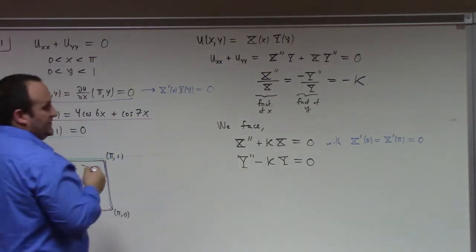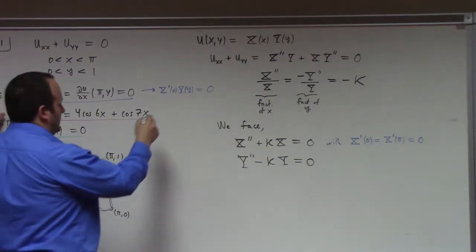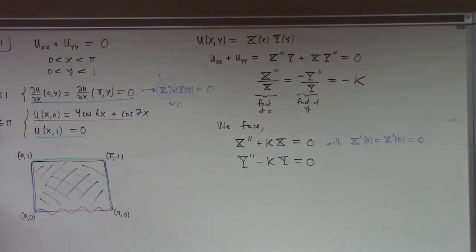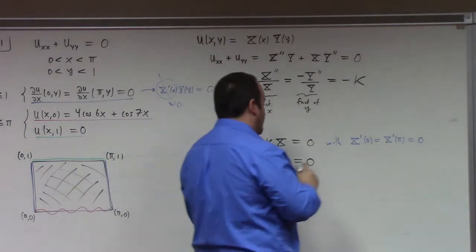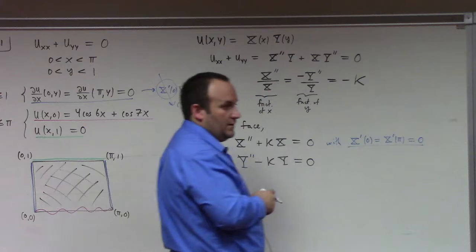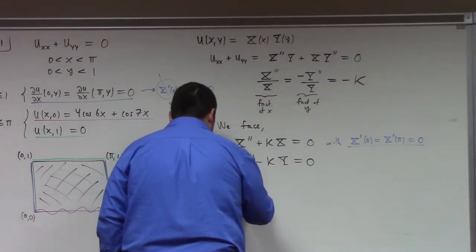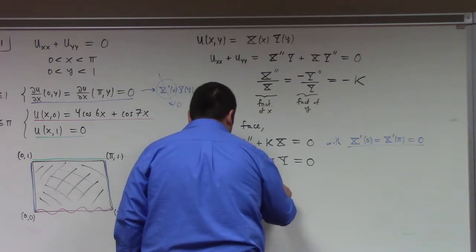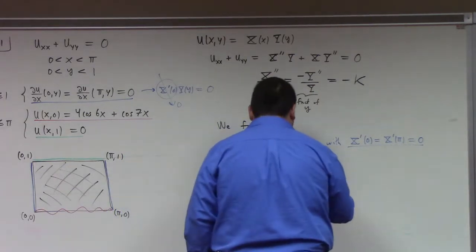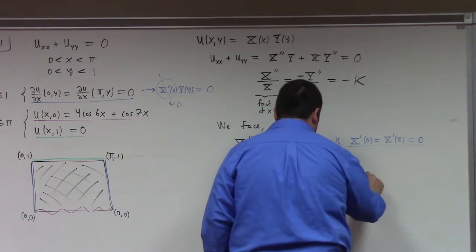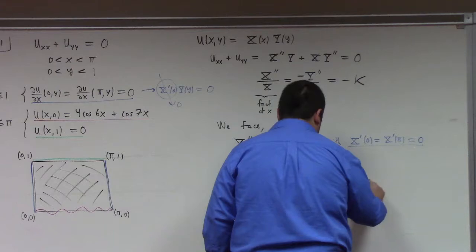But since that holds for each y between 0 and 1, we're forced to assume that the blue boundary condition is met for the x solution, right? So then, by proposition 8.3.2, we get k equals n squared pi squared over L squared.